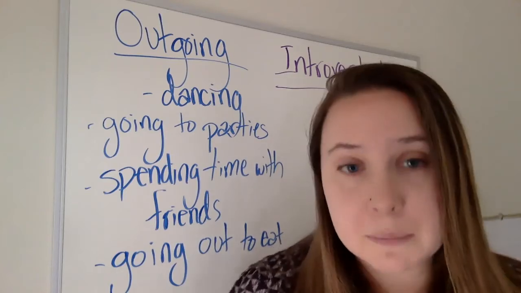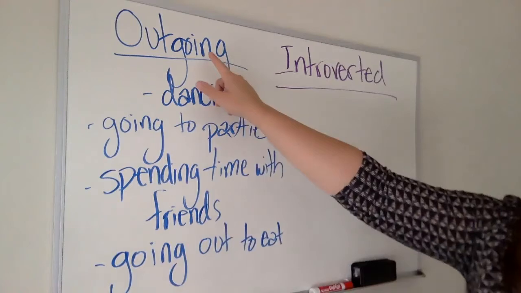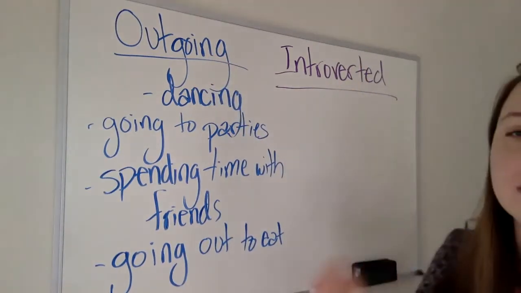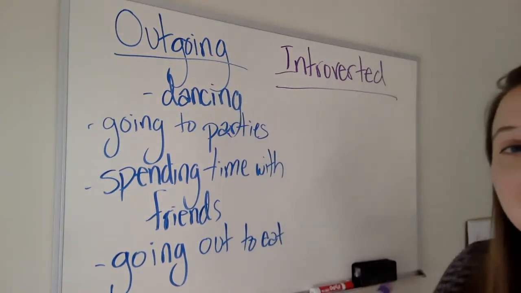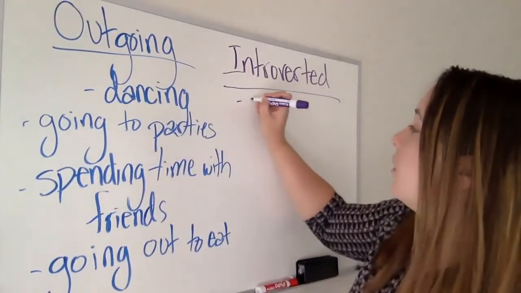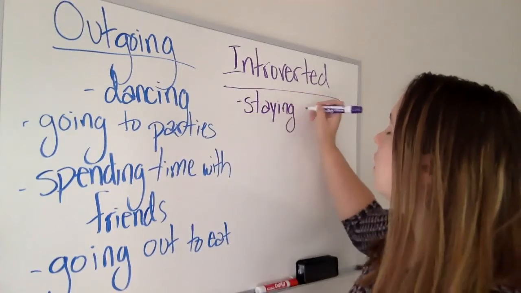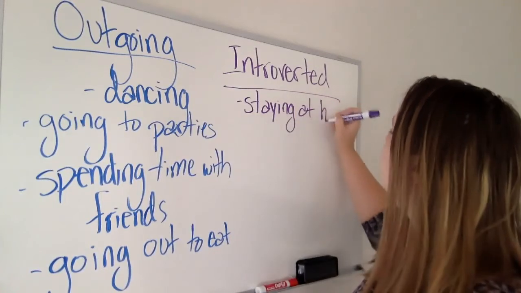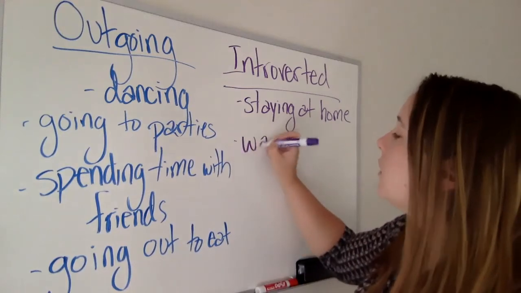Now let's do the same thing for people who are introverted. So outgoing and introverted. So people who like to stay at home. So things they might like. Let me twist that. So staying at home. Maybe watching TV.